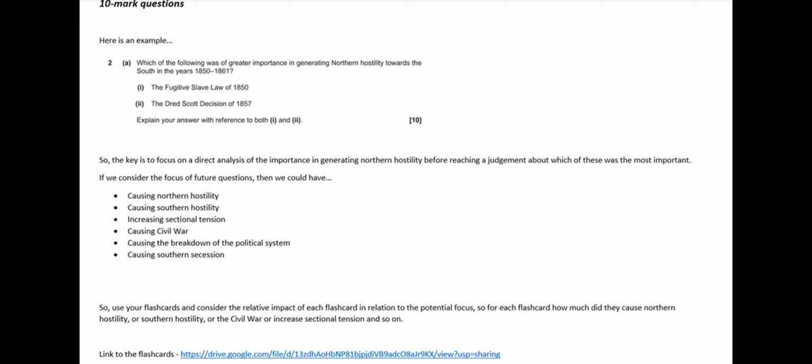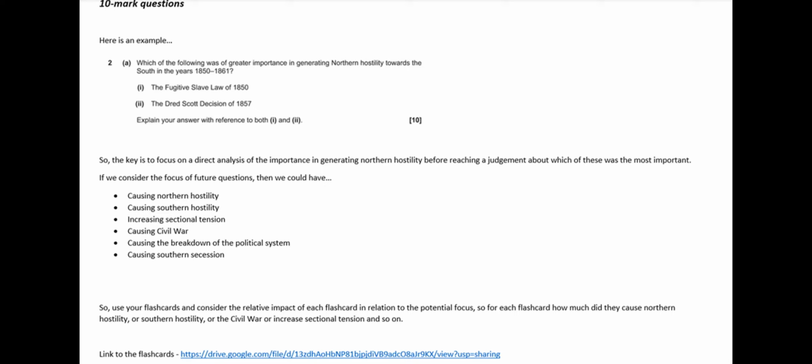The Fugitive Slave Law of 1850 or the Dred Scott Decision of 1857? What you need to be doing, therefore, is looking at the ways in which the Fugitive Slave Law generated northern hostility and the ways in which the Dred Scott Decision generated northern hostility, thinking about the relative significance of each, which one of them created the most hostility, before you reach a judgment.